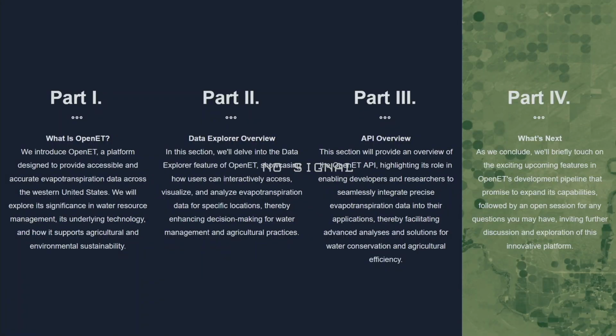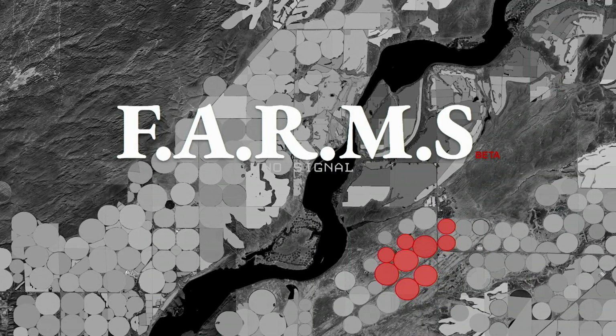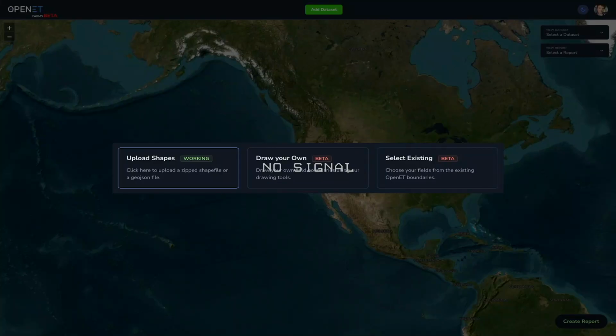So just to talk about what's next. We did tease Farms in that other talk. If you want to use the multi-polygon endpoint and you don't want to do any of the coding, this is what Farms is going to be used for.